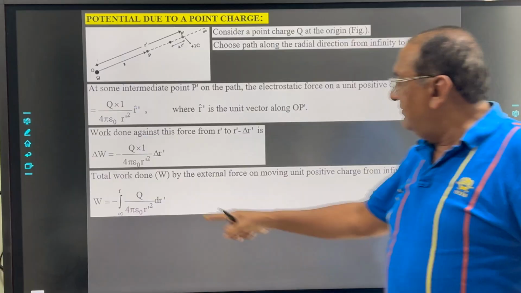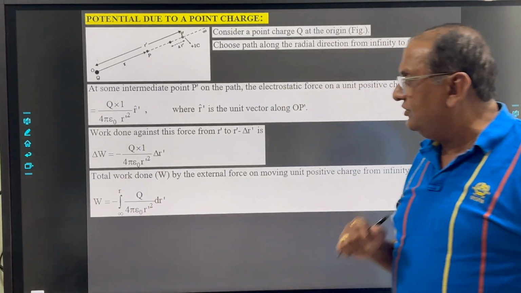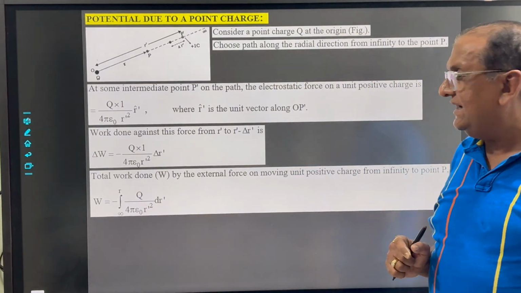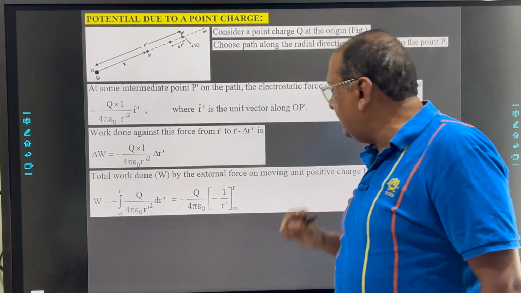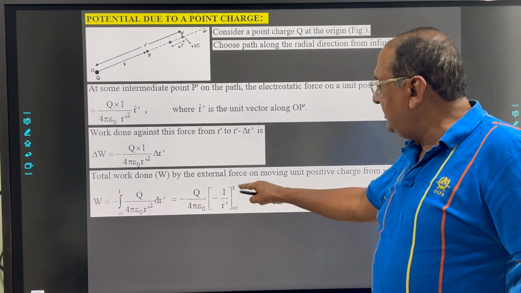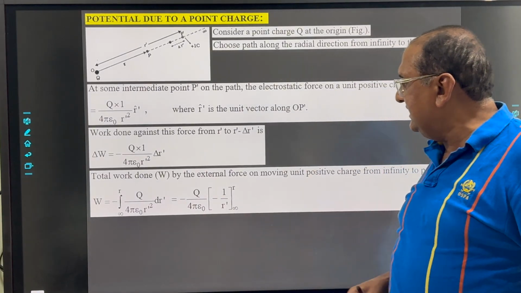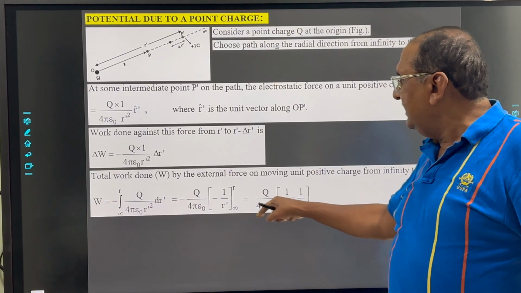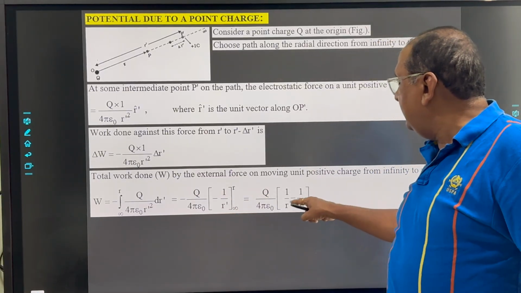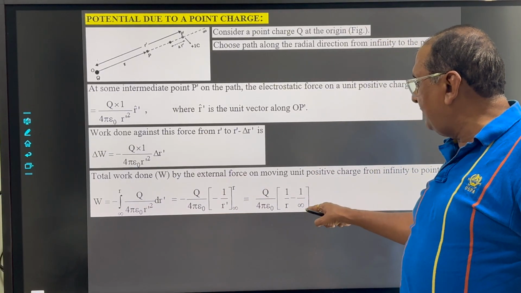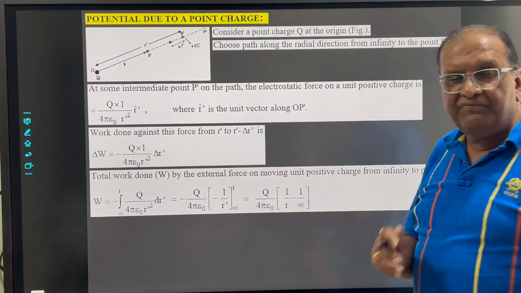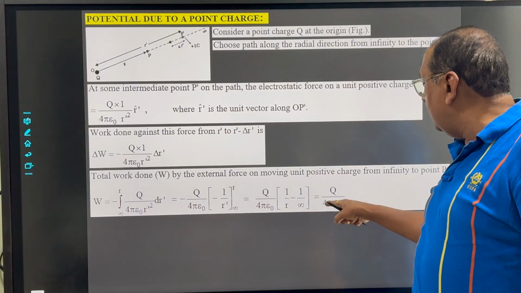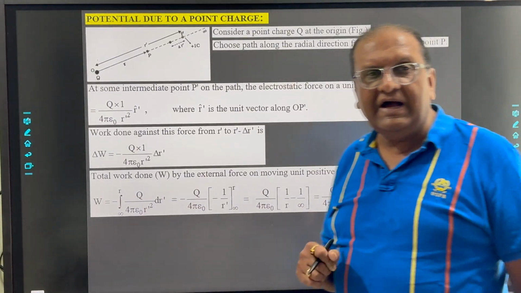Now Q upon 4 pi epsilon 0, that is constant. Integration of 1 upon R dash square, that is minus 1 upon R dash. Limits infinity to R, substitute upper limit, then minus lower limit. So Q upon 4 pi epsilon 0, this negative sign is taken inside. So 1 upon R minus 1 upon infinity, but 1 upon infinity, that is 0. So we can write this is equal to Q upon 4 pi epsilon 0 R.